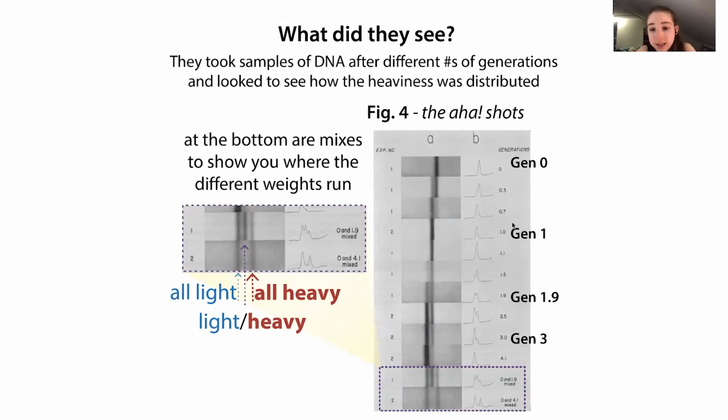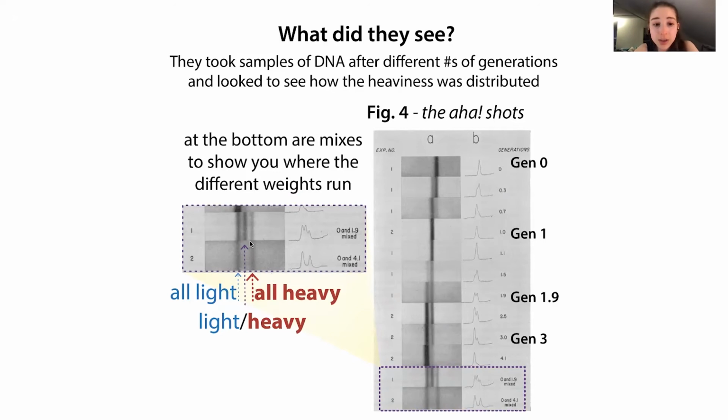So here you can see that this is their generation 0, generation 1, 1.9, generation 3. And then at the bottom, they have their kind of markers. And so these are mixes where they have a known amount that they mix together to show you where you would expect to see different things. So if you had all light, you would have a single band here.